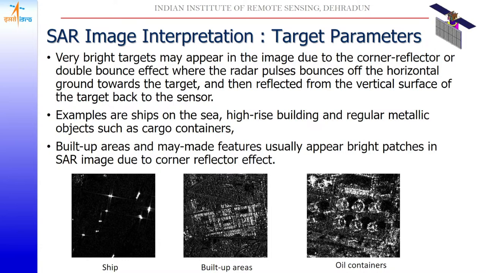Secondly, the ocean is a very specular background, so it appears very dark in the SAR image. Thirdly, ships are man-made targets, so they appear very bright. So automatic ship detection is very good in SAR images compared to optical images, because we have a very high return against a background of very low backscatter like the sea surface.